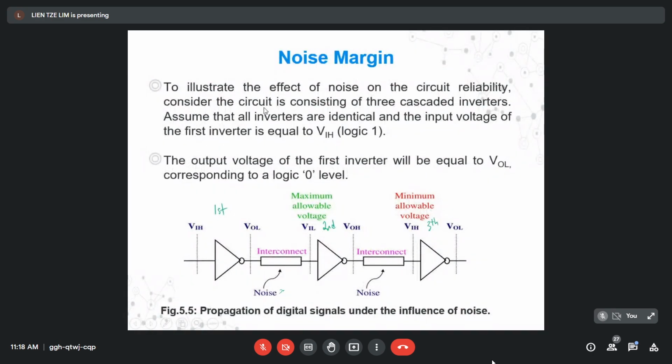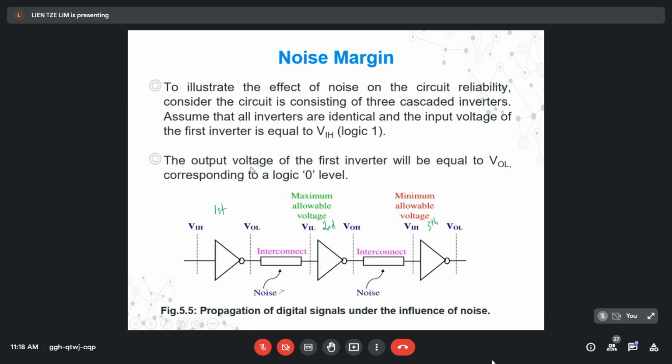To illustrate the effect of noise on circuit reliability, consider a circuit consisting of 3 cascaded inverters. Assume that all inverters are identical and the input voltage of the first inverter is equal to VIH.